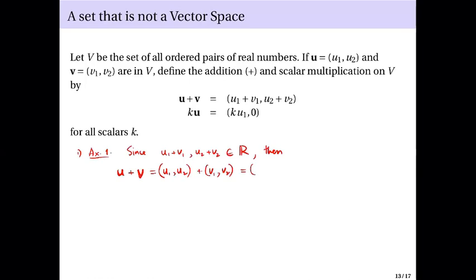This is simply U1 plus V1, comma, U2 plus V2. This is an element of R2, so it's a pair of real numbers. And therefore, U plus V is an element of the set V.